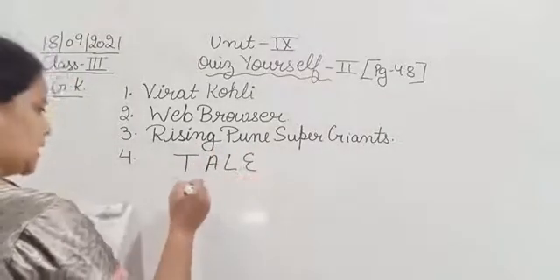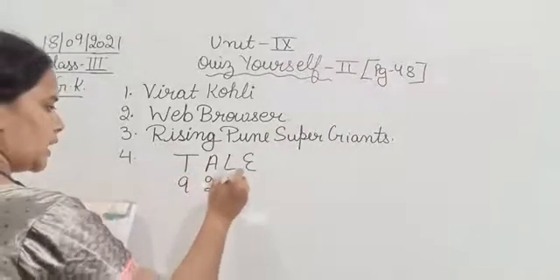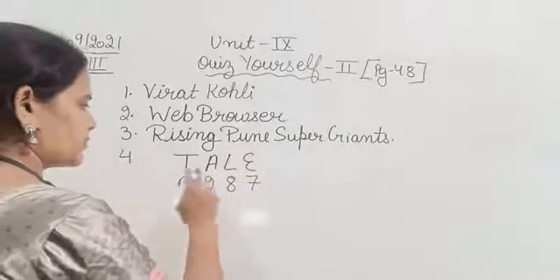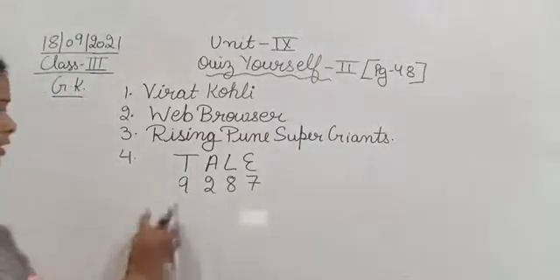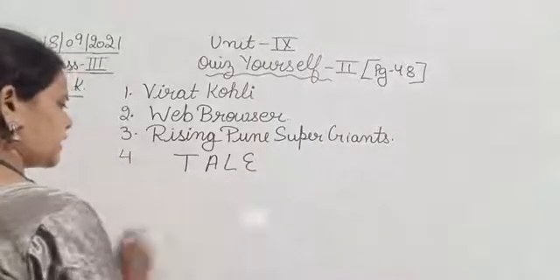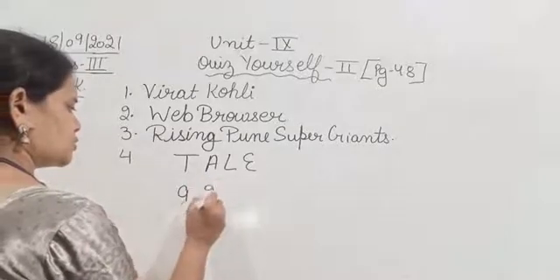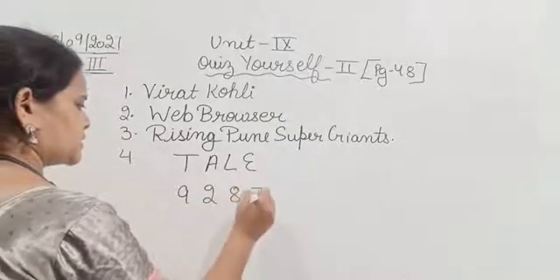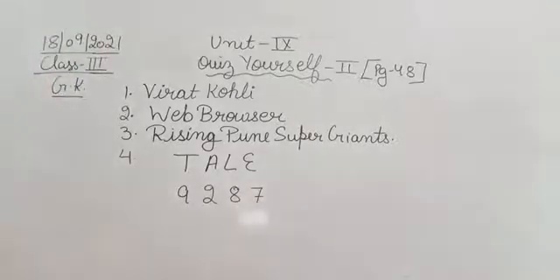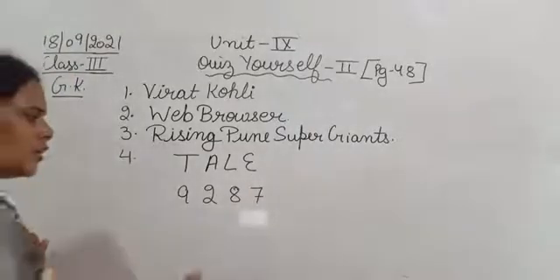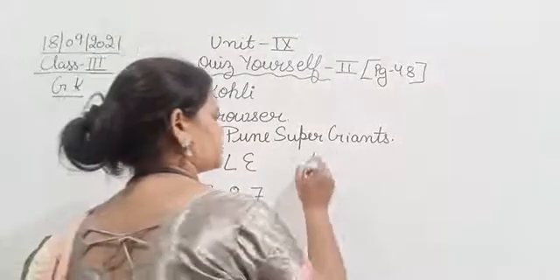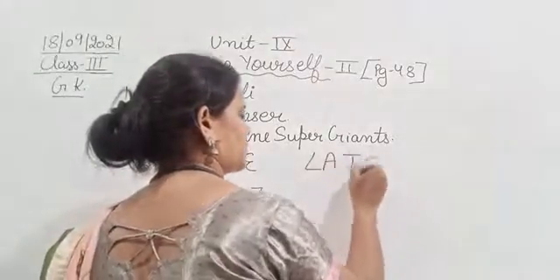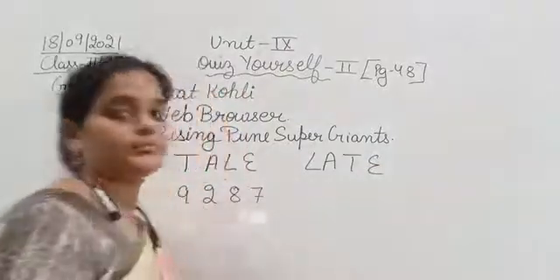Tail means 9287. So this is the meaning of tail. Okay, so now they are asking what is the meaning of late then. So what will be the number if it is more late?